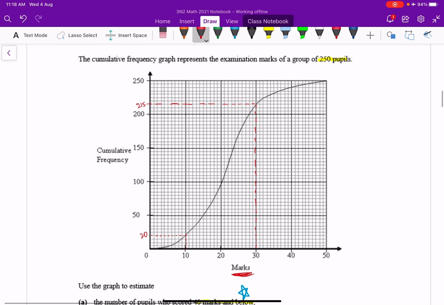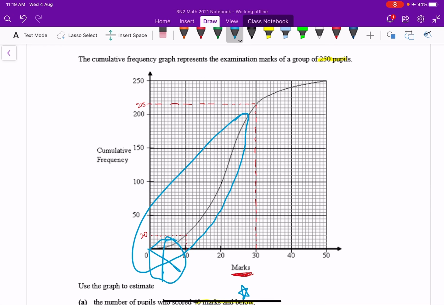You see, there is actually a large number of students that score between 10 and 30, right? So how do I calculate this in between? I want you to consider together with me. They want between 10 and 30. So what if I tell you that you can look at the 30 first? This is the total number of students that score below 30. But I don't want those who score less than 10.